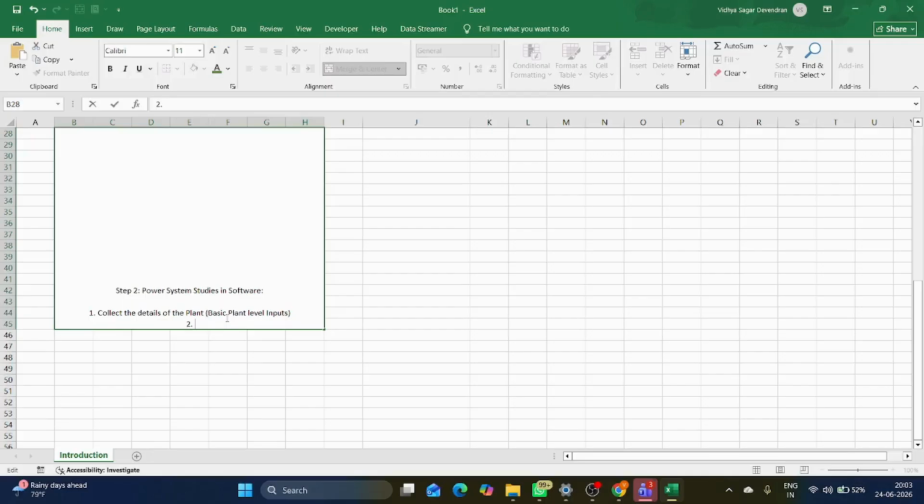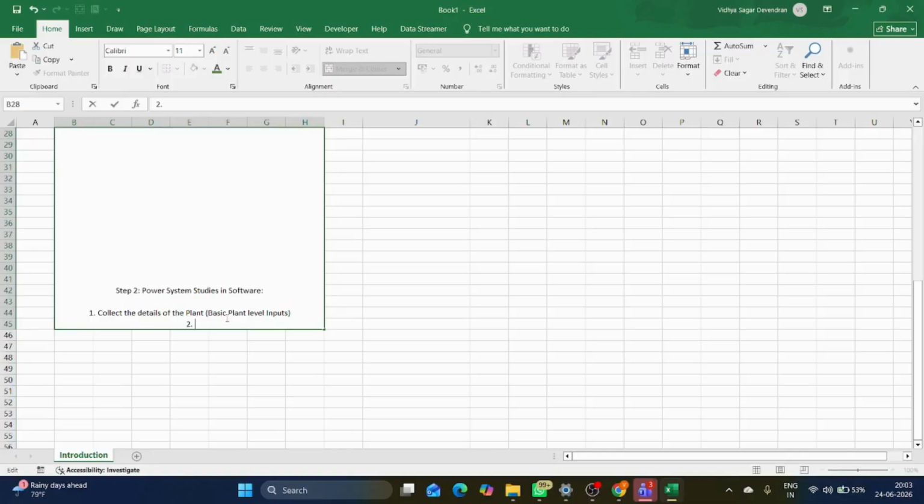Once you have all the inputs from the design team, you implement that hardware, meaning the SLD, single line diagram, and everything they give. We convert the SLD and all parameters, transformer rating, transformer Z, cable rating, cable R and X values, into the simulation, connecting everything inside the software. That is quite a tedious task, and also a very important task for power systems.